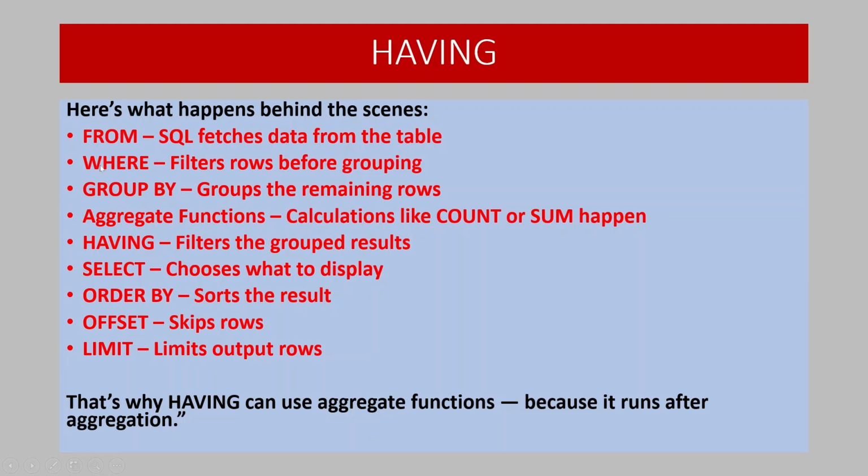If it comes before the GROUP BY like the WHERE clause, it cannot filter as per the aggregate function, because the aggregation itself didn't happen. That's the reason it comes after the GROUP BY and aggregate function, so that the filter can be performed based on the condition with the aggregate function.